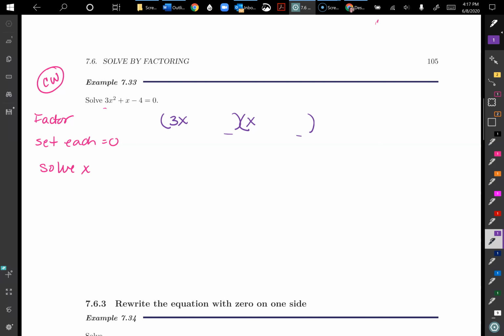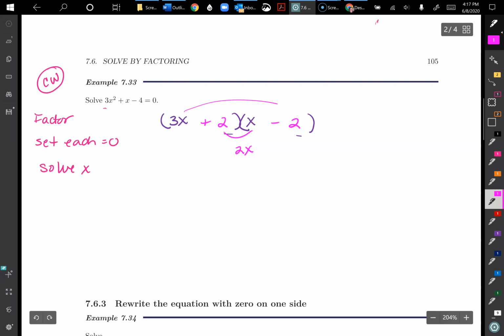Let's try a plus 2 and a minus 2, just for some practice. I would get a positive 2x, and then a negative 6x. That gives me a minus 4x, so that's not what I'm looking for. I need a positive x. So this trial is out.